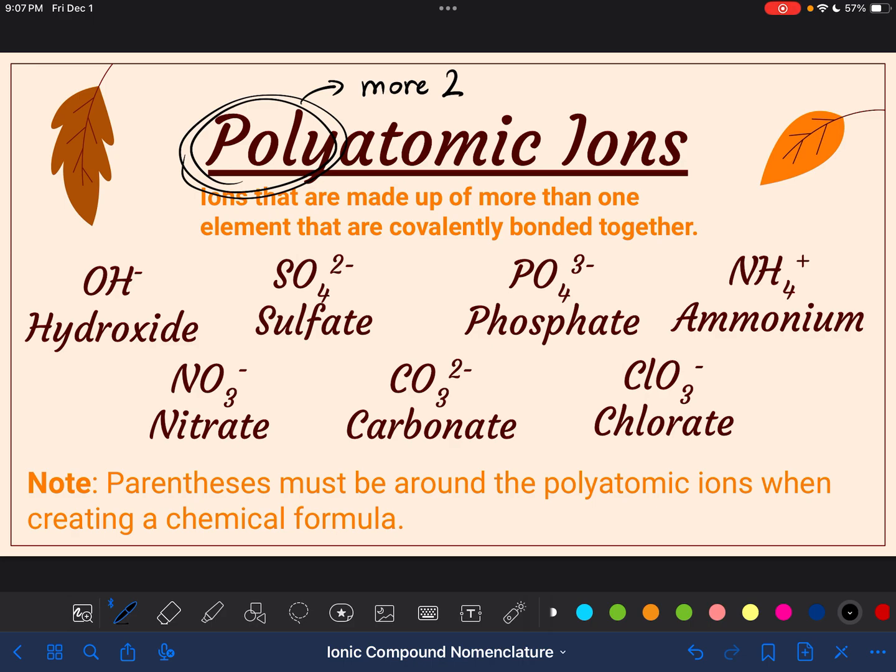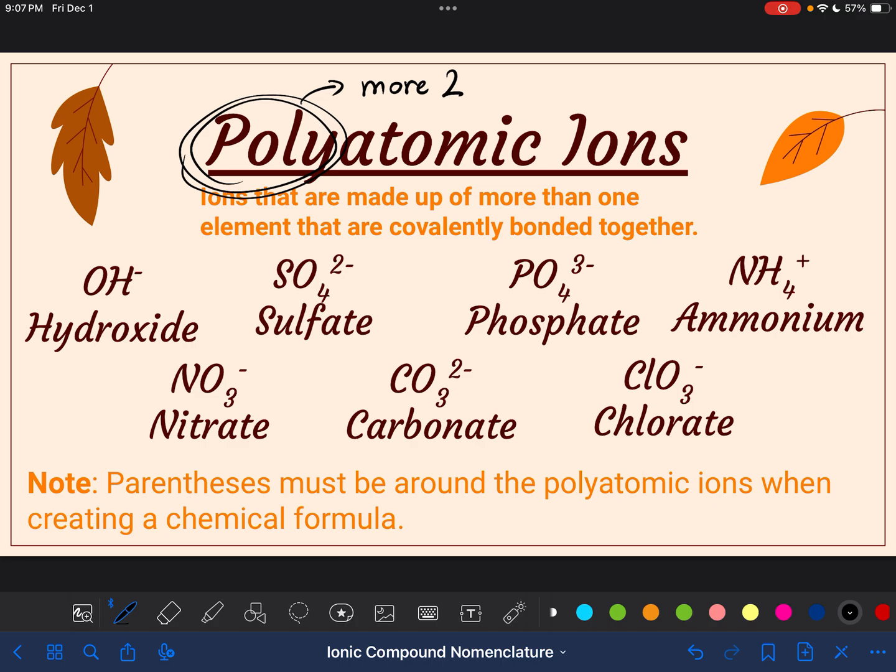So, ions that are made up of more than one element that are covalently bonded together. Remember, covalently means shared, and if it means shared, that means it doesn't want to separate from one another. This is very important to know, okay? Because later on, I'll show you why it's very important.